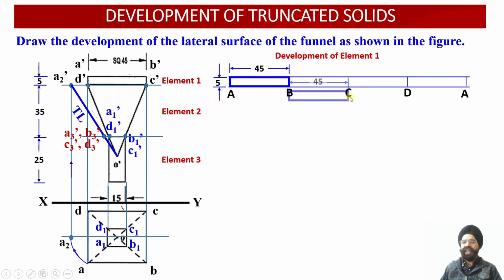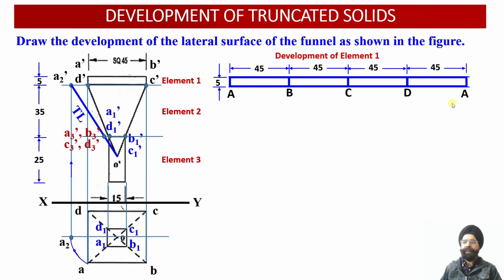Similarly, B to C will be 45 millimeter, and the distances between C and D, and D and A, will also be 45 millimeter. This way we have obtained the development of element number 1, a square prism having square base edge equal to 45 millimeter and height 5 millimeter.